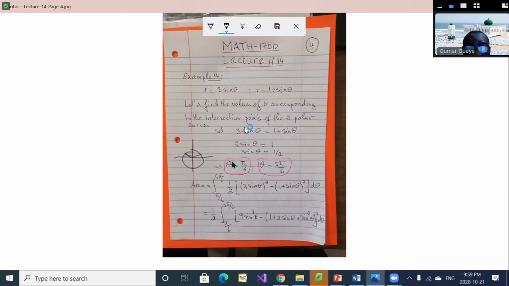But the reason why I took pi by 2 is just that the calculation is going to be easier because I know sine of pi by 2 is just 1. Okay, if you want, you can take pi by 3. It's in the range, or 2 pi by 3. It's up to you. Sine of pi by 3, for example, is going to be root 3 over 2. You can use it.